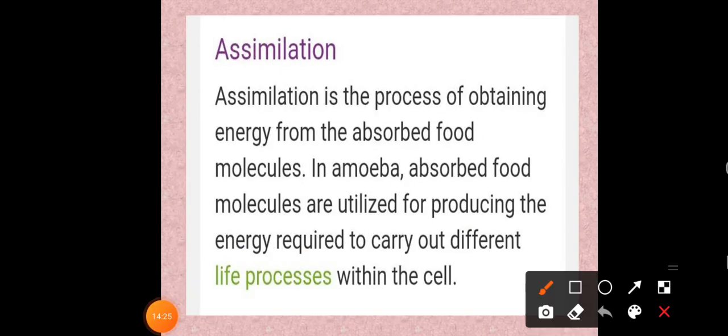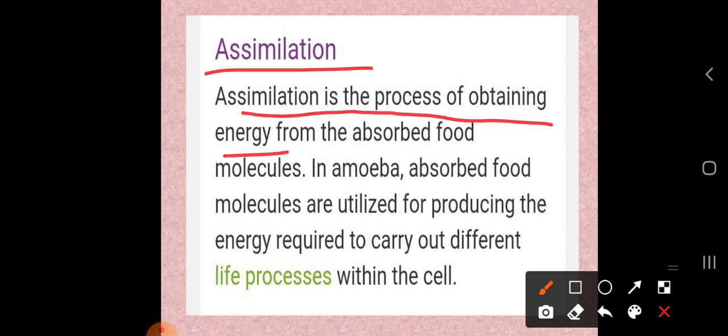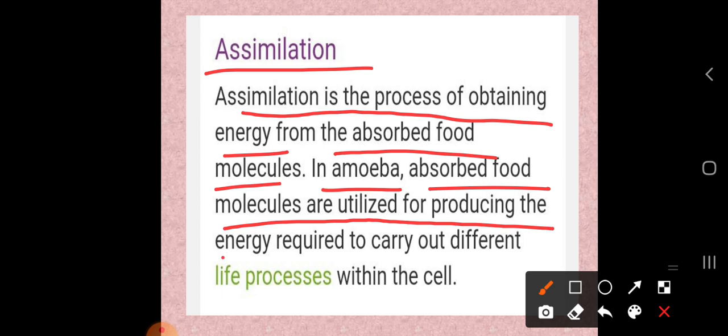Then the last one is assimilation. Assimilation is the process of obtaining energy from the absorbed food molecules, and in amoeba the absorbed food molecules are utilized for producing the energy required to carry out different life processes within the cell.